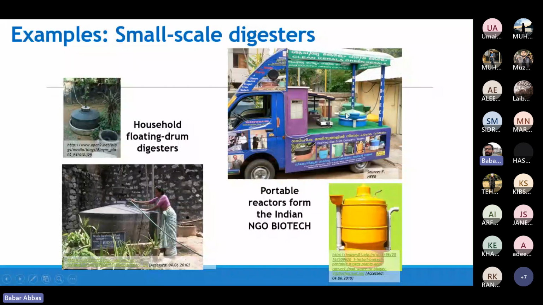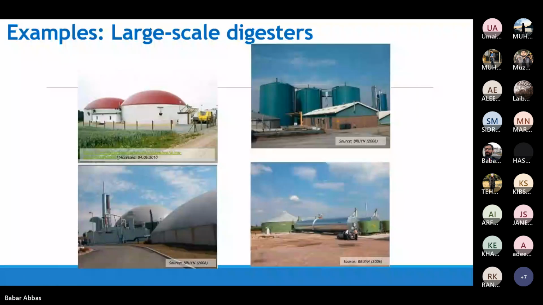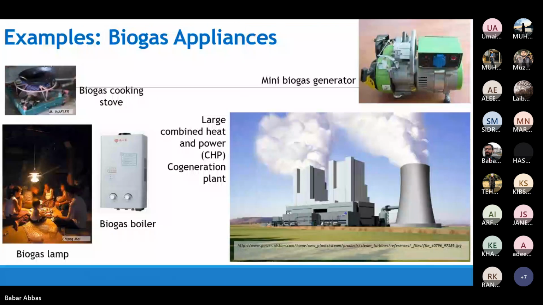These are the large scale biodigester examples which are situated in different areas of the world. These are the appliances which are needed for the biogas processes. Again, how the organic waste is converted into the electricity or the other useful purposes.